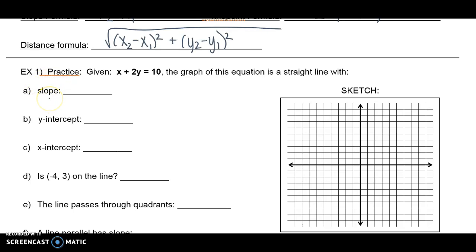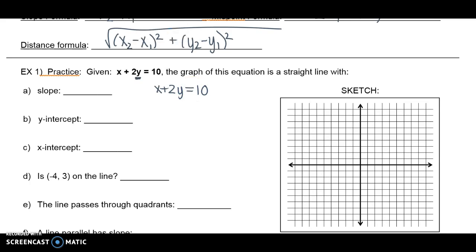It first is asking us to find the slope. So using this form, which is just standard form of a function, we need to get the y value by itself in order to find the slope, to put this in slope-intercept form. So let's start with our function and then work to isolate the y.